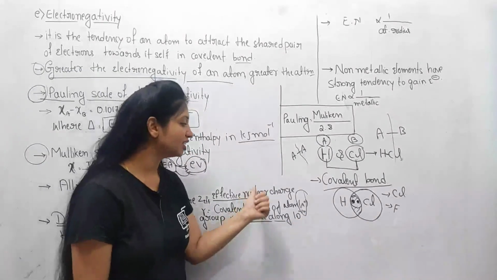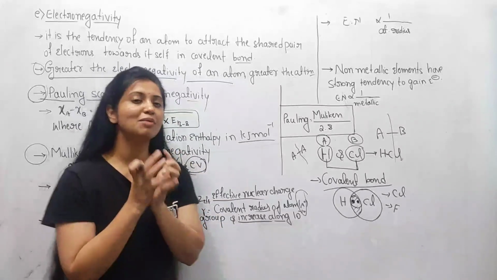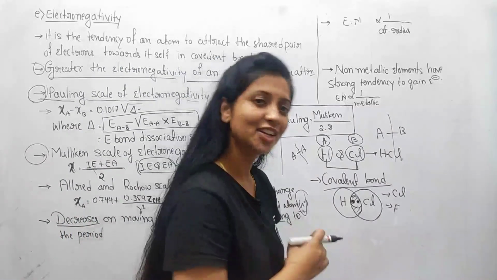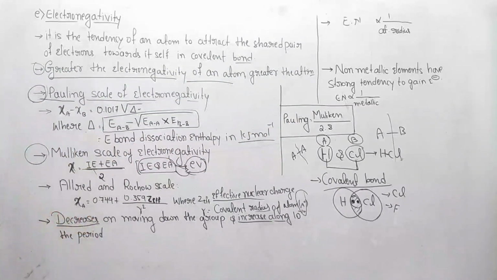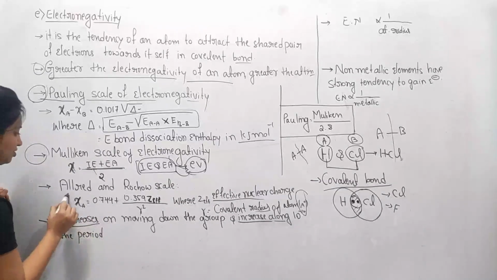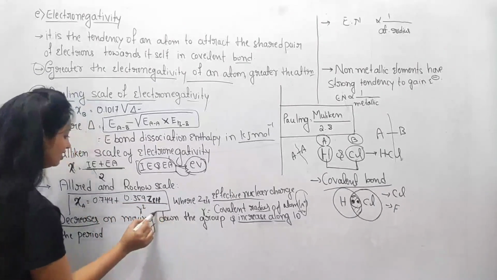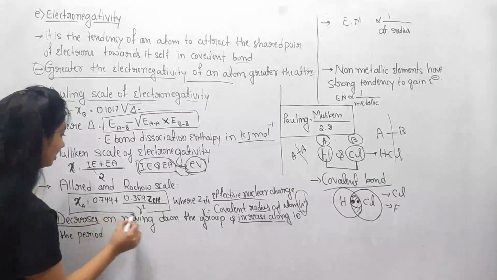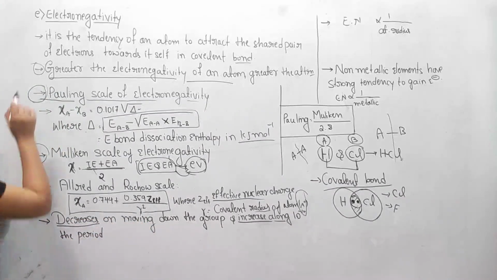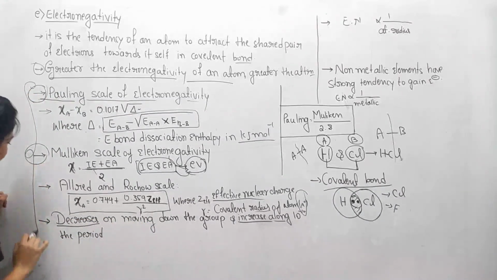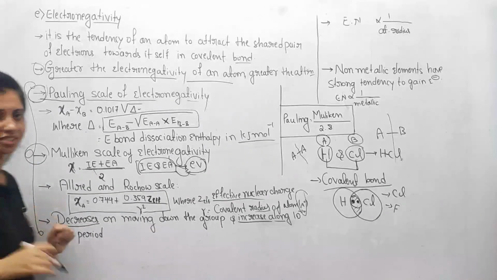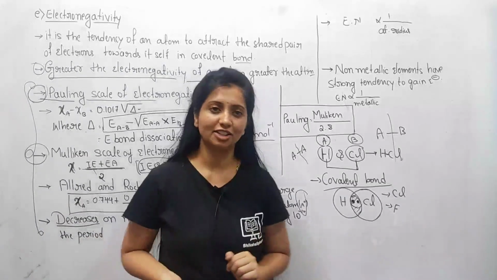Already you know that the nuclear charge means the total positive charge present in the nucleus. So this is the formula to find the electronegativity by using the Aldred and Rochow scale. These formulas are very important to remember for competitive examinations.